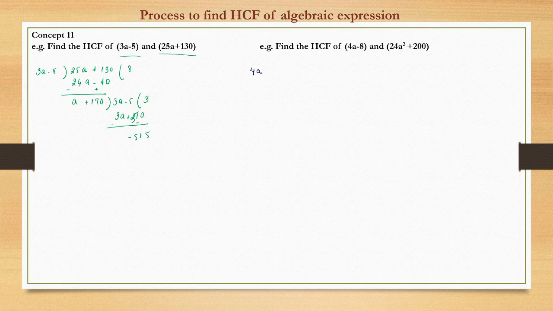So 4a minus 8 is going to divide 24a square plus 200. So 4, this will go 6 times, 6a times, right? So it is nothing but 24a square minus 48a, right? So this is nothing but negative positive. This will go. So here it becomes 48a plus 200.